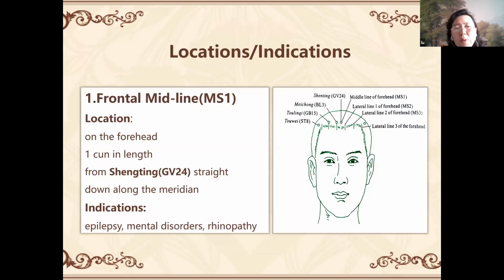The next part, I would share something about the location and the indications of scalp acupuncture according to the international standard lines. We all know that scalp acupuncture formed within these 40 to 50 years, so it's a new skill, a new method.